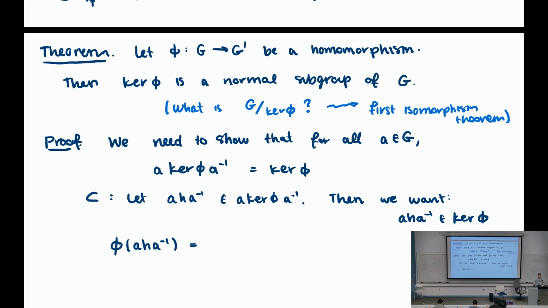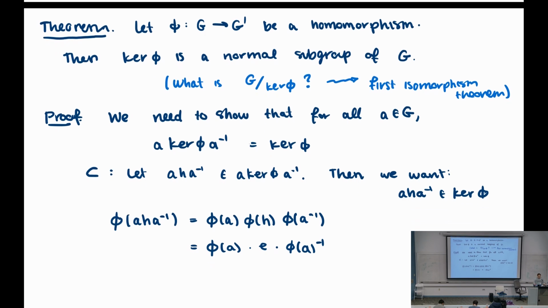So I'm just going to separate this out using the definition of homomorphism. So we get phi of A, phi of H, phi of A inverse. And then since H was an element of the kernel, this is just phi of A times the identity in G prime times phi, and then by our properties from the other theorem, this is phi of A inverse.